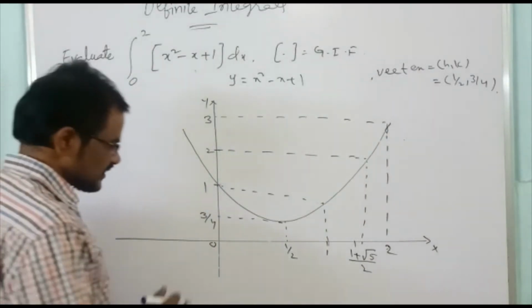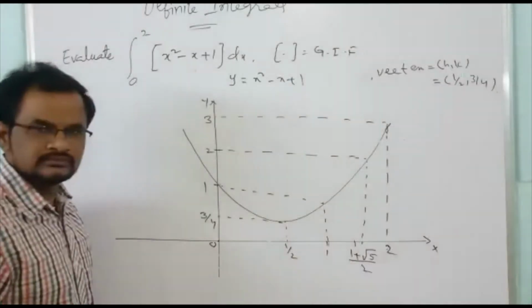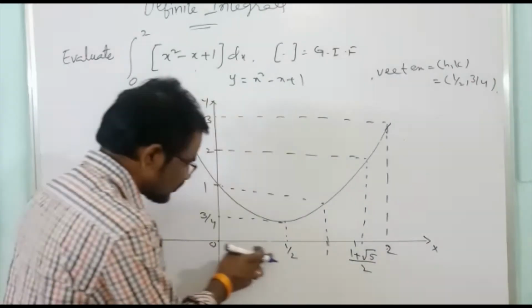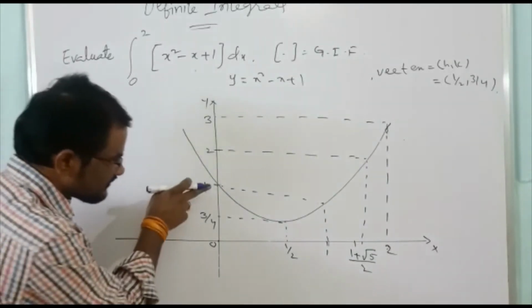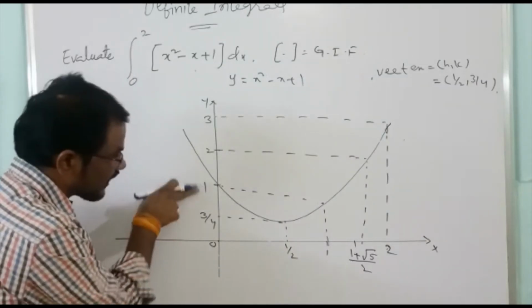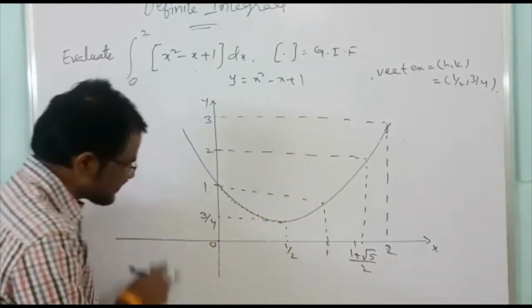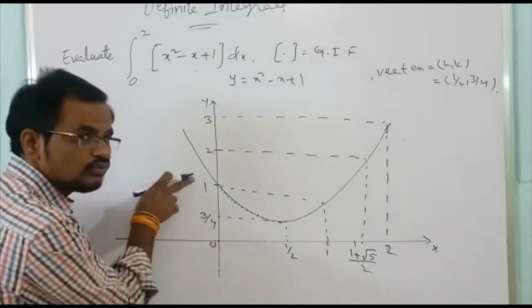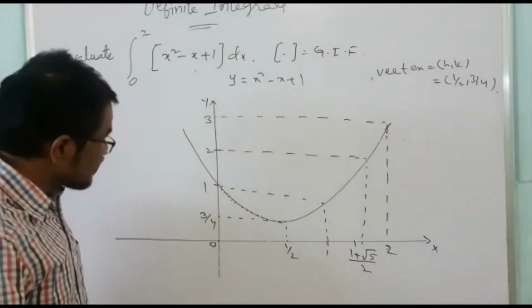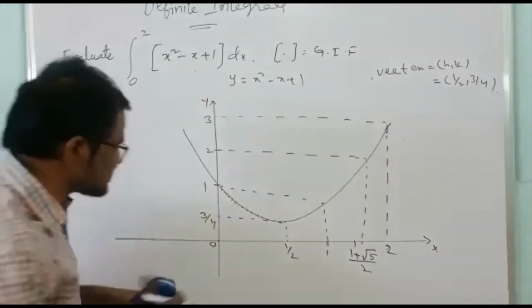So once you observe, from 0 to 1/2 the graph is decreasing and the y value varies from 3/4 to 1. The greatest integer of that is 0.